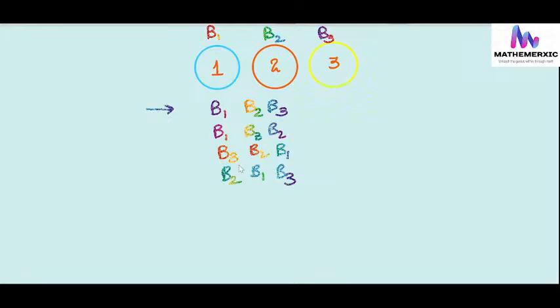Is 3 1 2 there or not? Have we done ball 3, ball 1, ball 2? So we've not done that. Ball 3, ball 1, ball 2 we have not done.